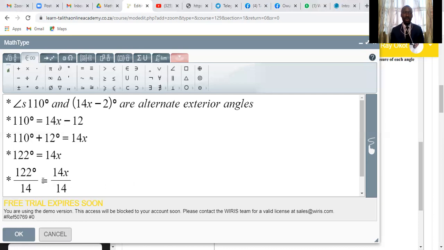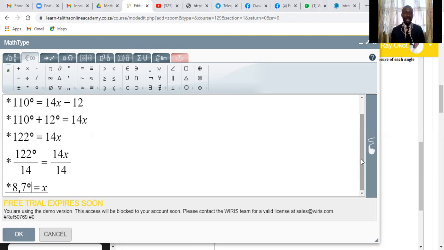Now notice that we will do the same. That is, we will also divide 122 degrees by 14. That way, we can find the value of x. And the value of x in this case is what? 8.7 degrees. That is how we can use the fact that alternate exterior angles are equal to each other.